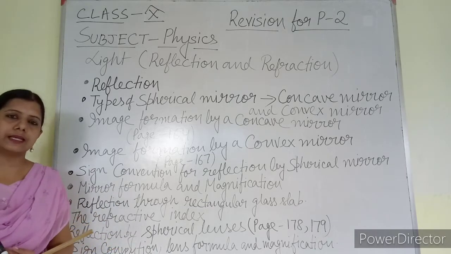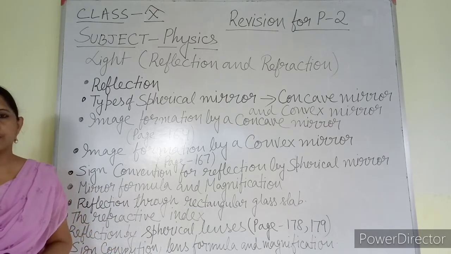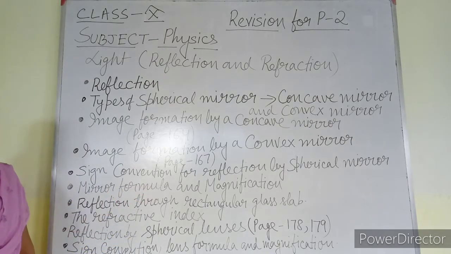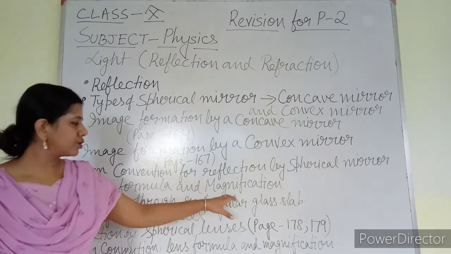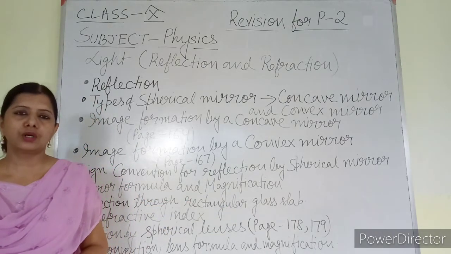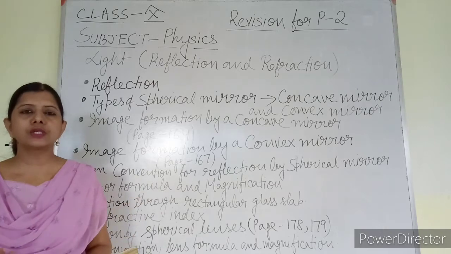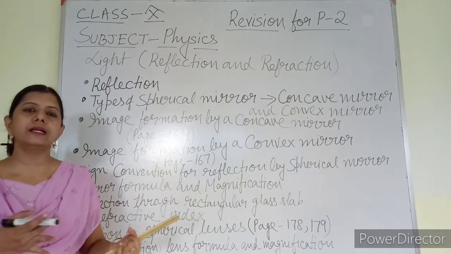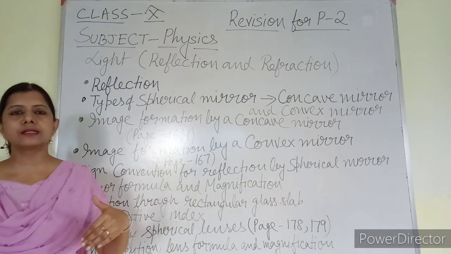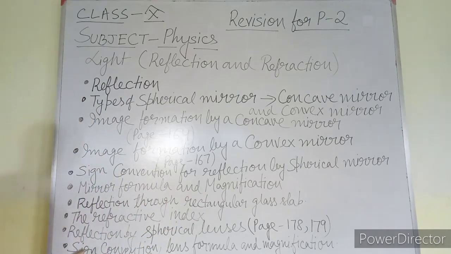Out of these 3, 2 terms will be given to you and 1 will be missing, which you will be able to find out by the mirror formula. And there is also another formula known as the mirror magnification formula. That is, how big the image formed is in comparison to the object, whether it is diminished or enlarged.